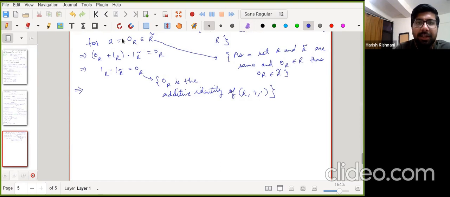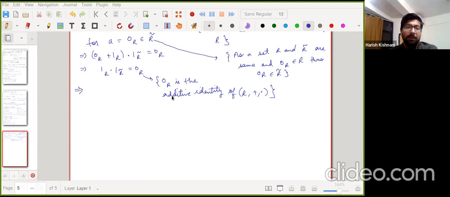Can anyone just say? Except Muthu. Muthu is giving a lot of answers. Good, but someone else. This is easy, right? It will just help me to understand whether you are getting the concepts or not. So what is 1R dot 1 of R delta?